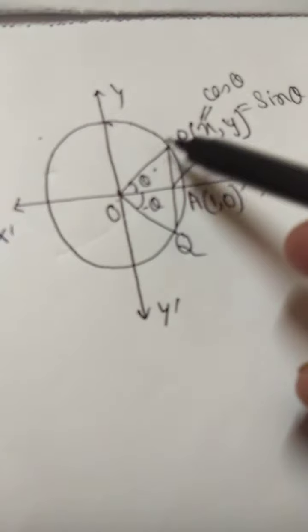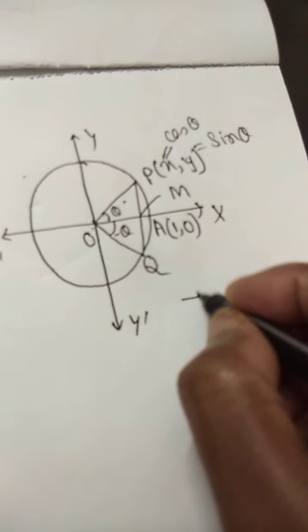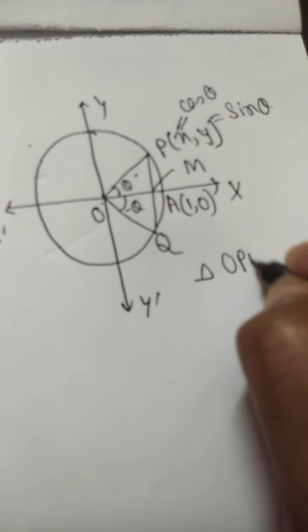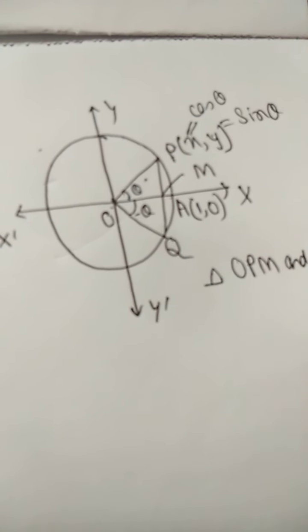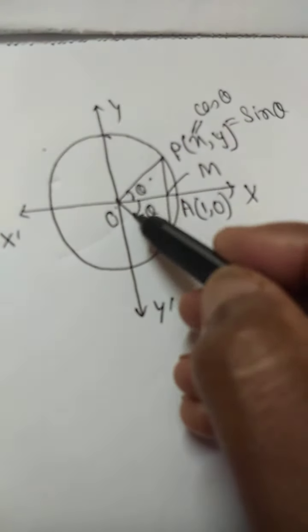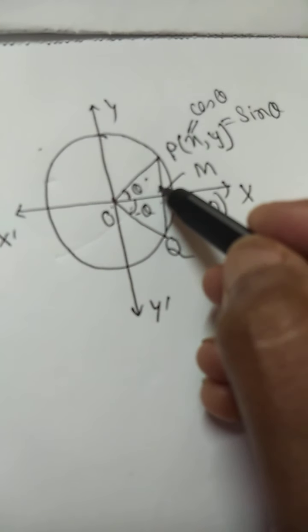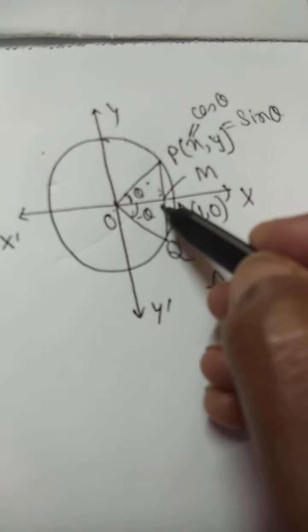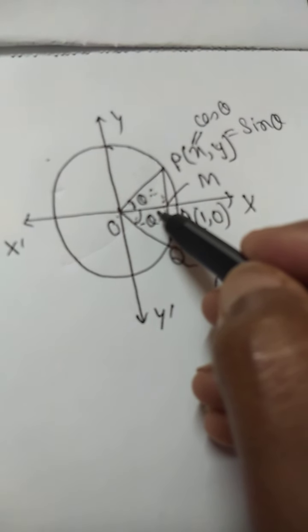Now from these two triangles, triangle OPM and triangle OQM, these two angles are equal. These two angles are also equal because each angle is 90 degrees, and OM is common. Therefore, we can say that these two triangles are congruent.